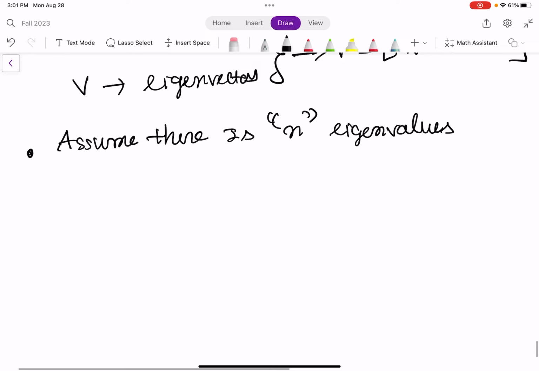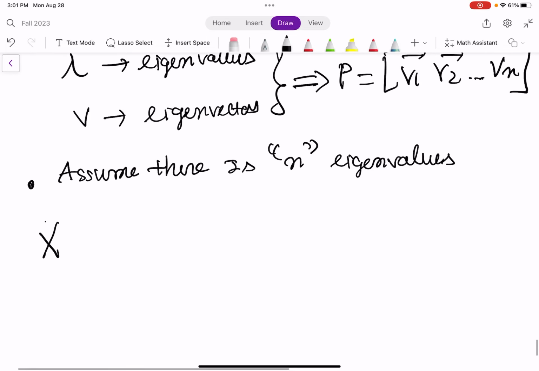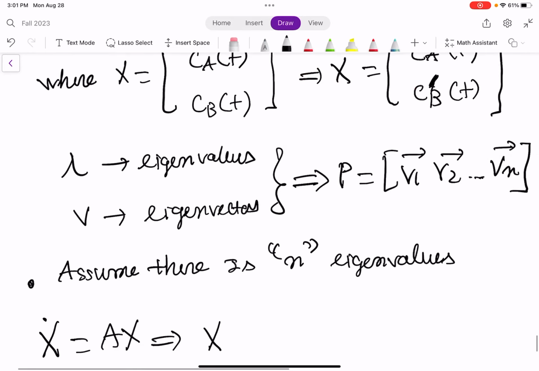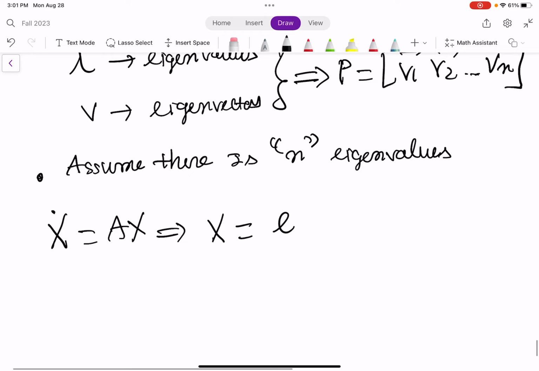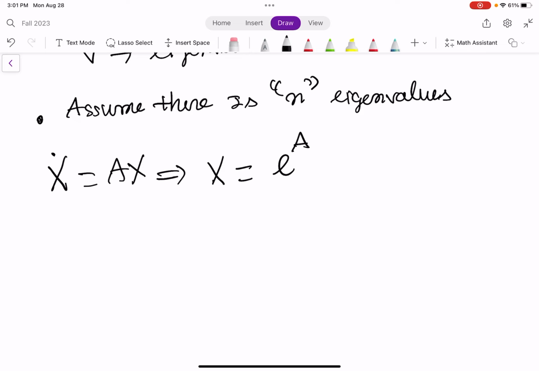So what would happen? You have a system, you say x dot equal Ax, right? So your x, which is the complete vector as a function of t, should be equal to e to the power of A t, so it will equal P e to the power of D t, where D is a diagonal matrix, P to the negative 1, times x0.